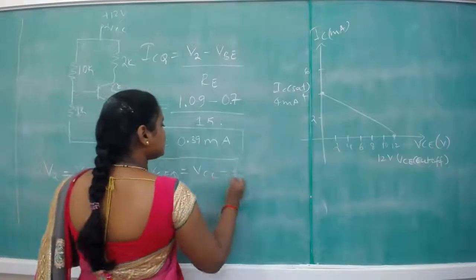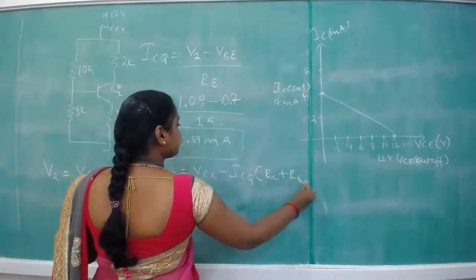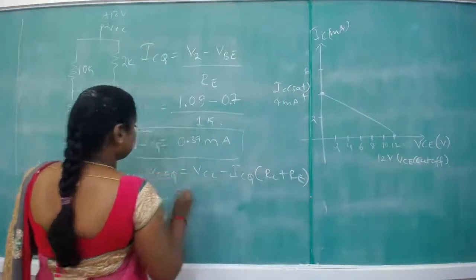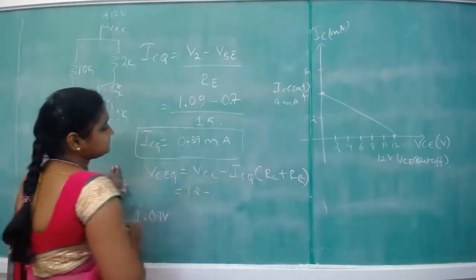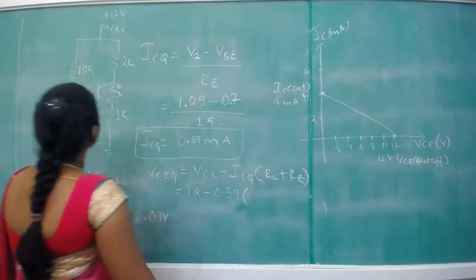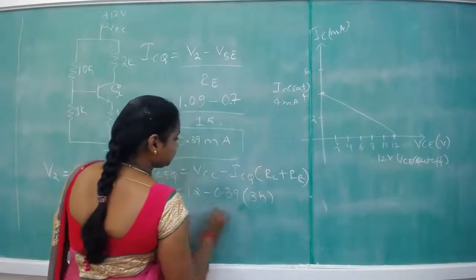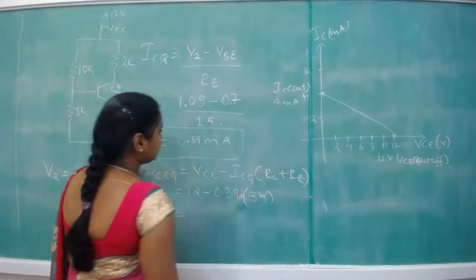VCEQ is VCC minus ICQ into RC plus RE. 12 minus 0.39 into 3. This is milli and K gets cancelled.